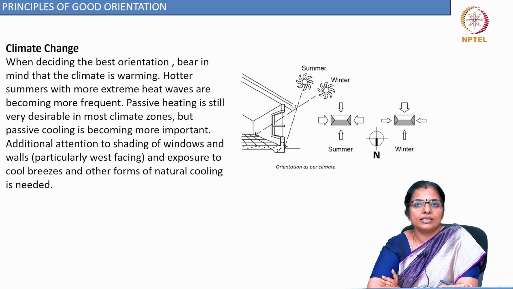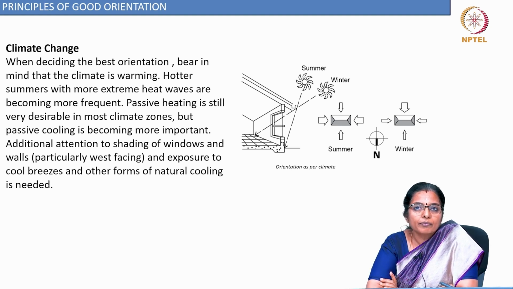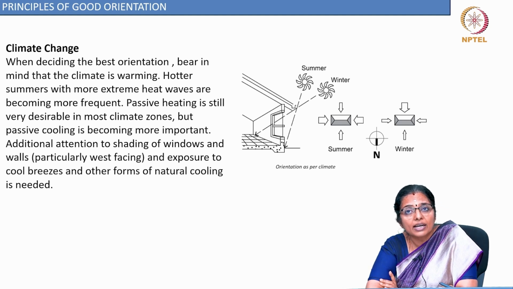In all this, certain things you have to remember. North facing walls and windows receive more solar radiation in winter than in summer because the sun is lower in the sky. East and west facade facing walls and windows receive more sun in summer in the early morning and late afternoon when the sun is lower in the sky.